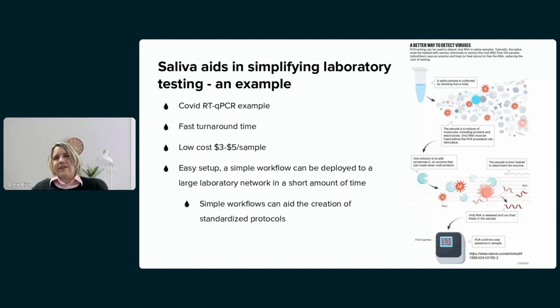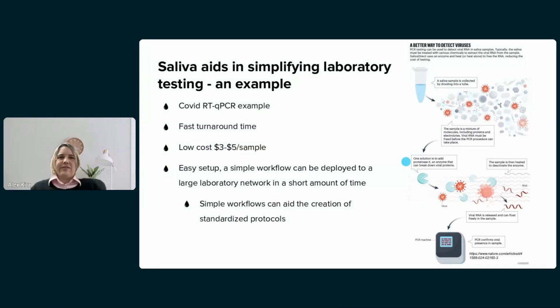In our workflow here, we add an enzyme called proteinase K, and that destroys a lot of the protein bonds and molecules within the saliva, but also destroys the viral capsid, subsequently releasing the COVID-19 RNA into the sample, which can then be detected by any common RT-qPCR instrument.